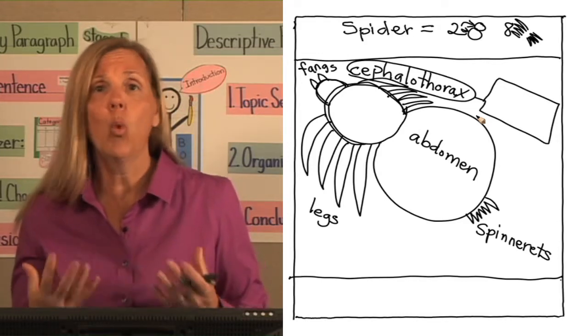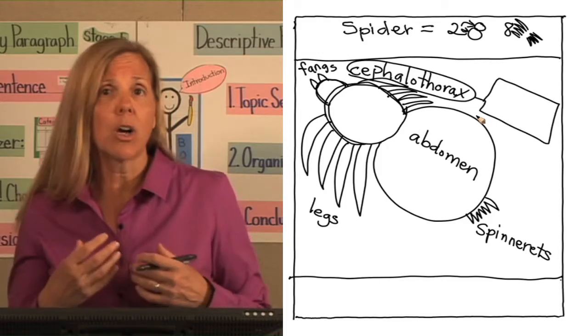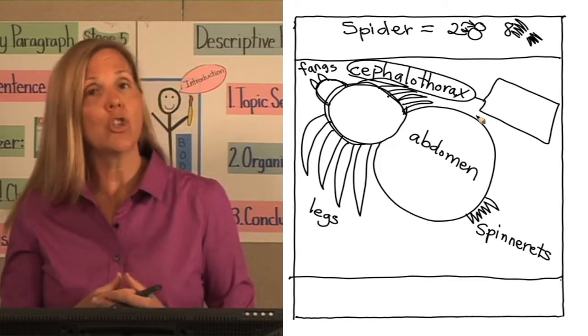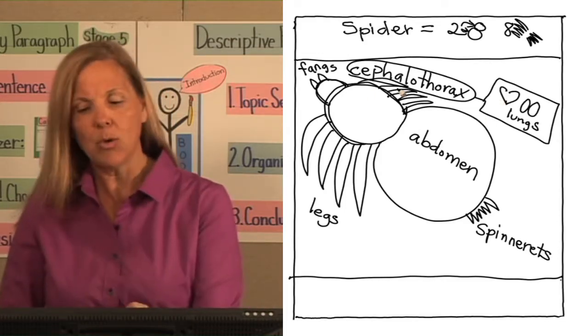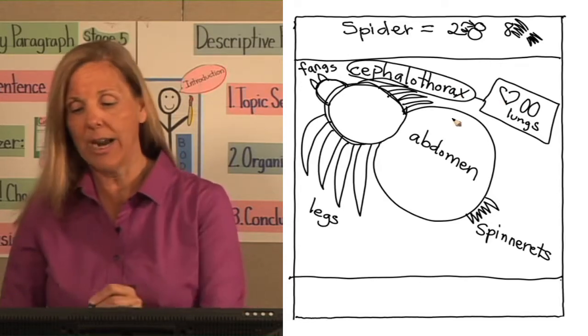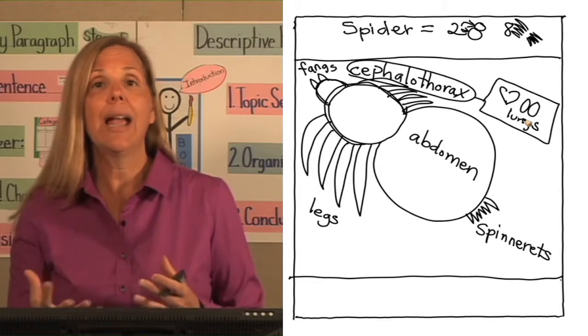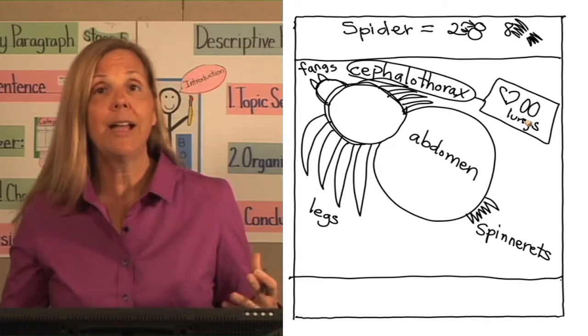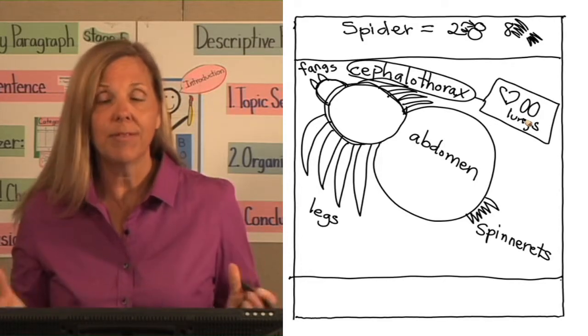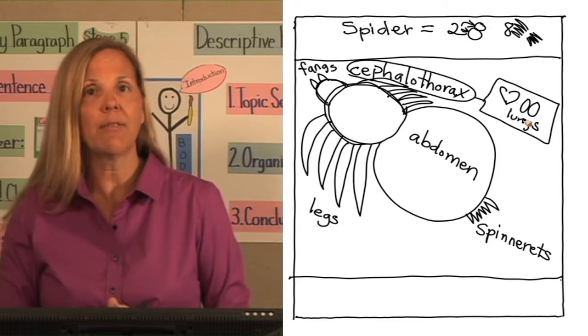What's its job? What is it? How does it work? Or why is it important? I'm going to choose one of those ideas. What is it? What's inside of the cephalothorax? Oh, the heart and lungs. So the spider can bring in air, and also it can pump its blood so that it can live. Oh, there's the function of the cephalothorax.